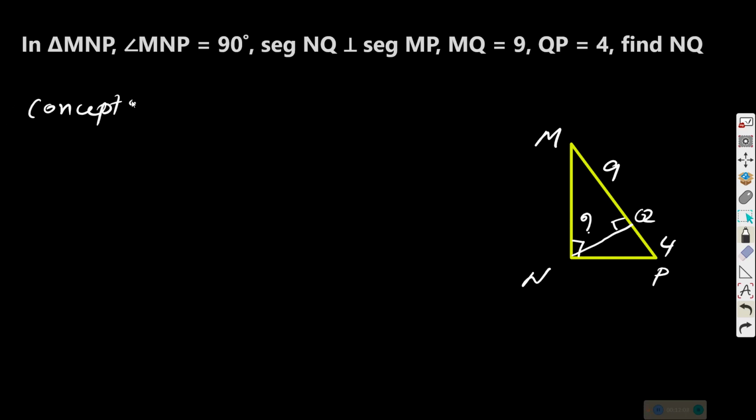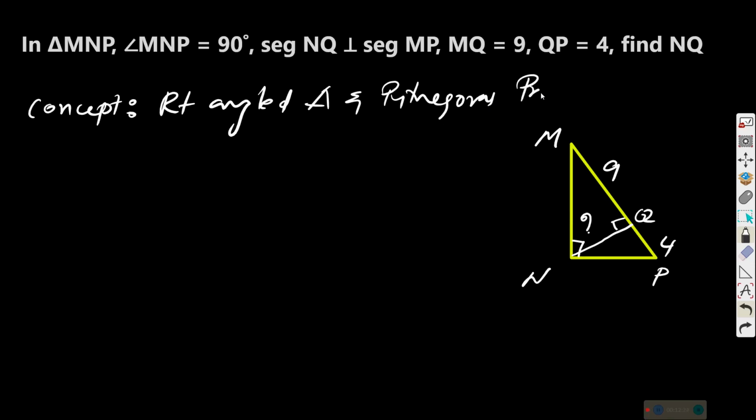So the concept is very simple. The properties of right angle triangle as well as Pythagoras are coming into use. There are a lot of properties that you have studied. Any of this will be coming in use here now immediately.